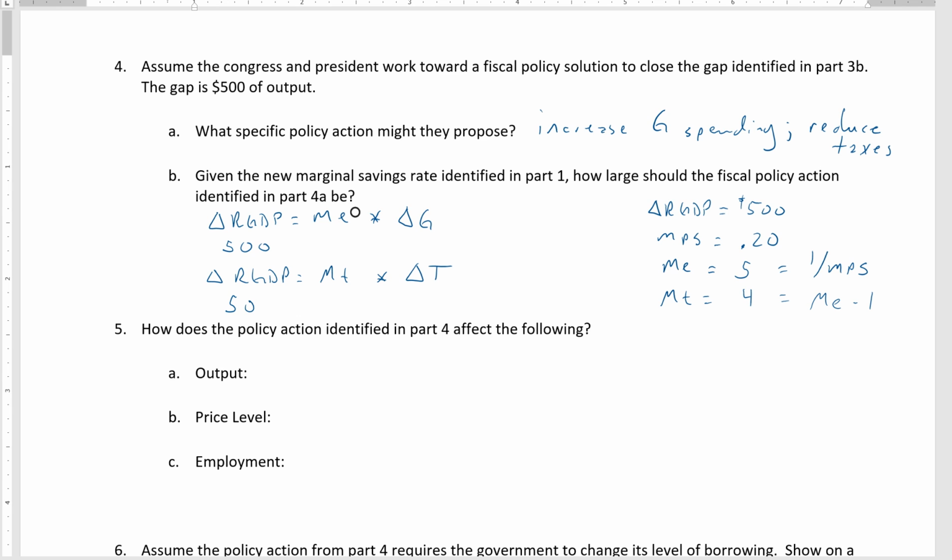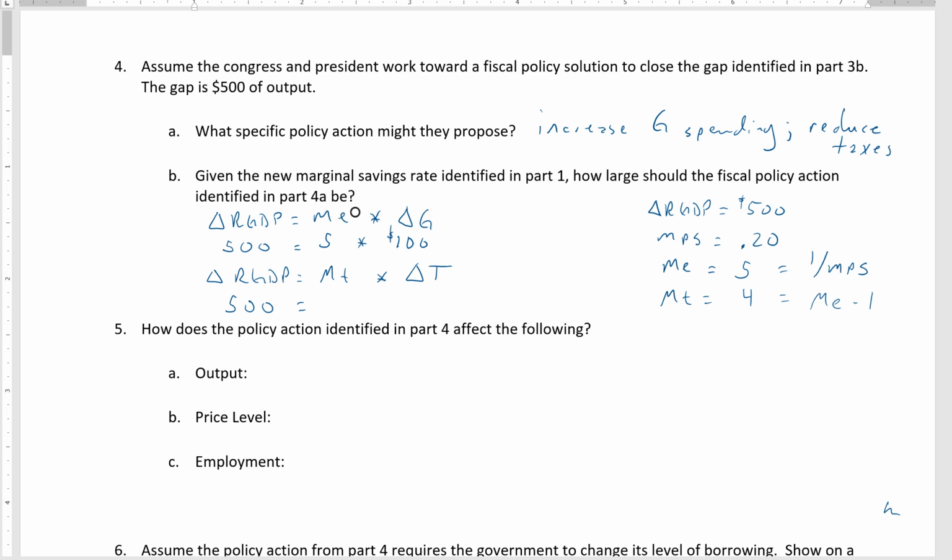Okay, so in both instances, we want GDP to change by 500. If we're going to use government spending, we're going to use the expenditure multiplier, which is 5. So we're going to do 5 times what level of spending equals 500? Well, algebra tells us that it's $100. So if we want to increase government spending to fix this recession, we're going to spend $100.